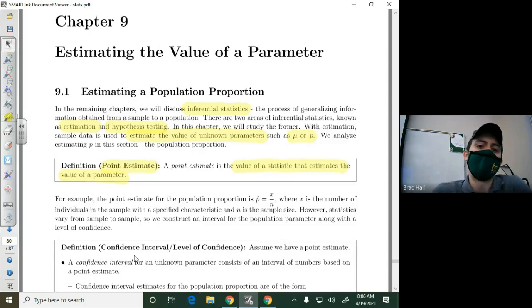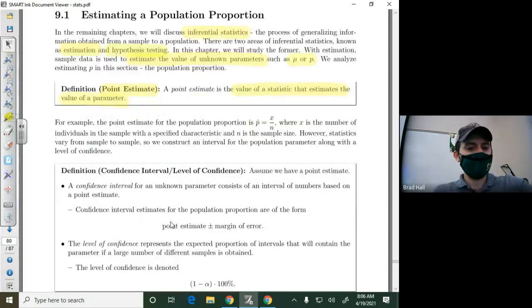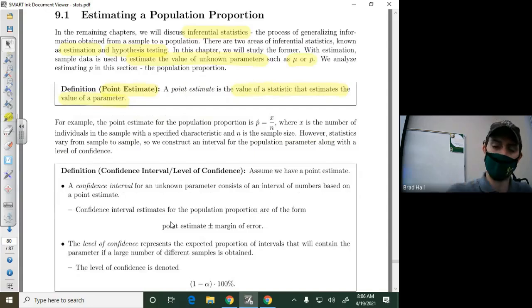Now, another example of a point estimate is something we actually talked about the last section when we introduced this p-hat notation. And when we dealt with proportions, it's normally a very quick fraction. It's the frequency that somebody shares that characteristic divided by the total number of people.